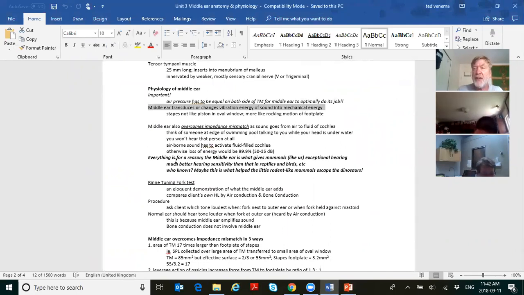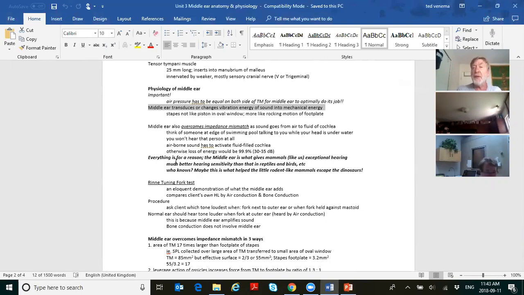Transduce means to change energy from one form to another form. And we said last week, a microphone transduces sound into electricity along the wire that's attached to it. A speaker takes electricity and transduces that electricity back into sound. So in a weird way, a microphone is a backward speaker and a speaker is a backward mic.